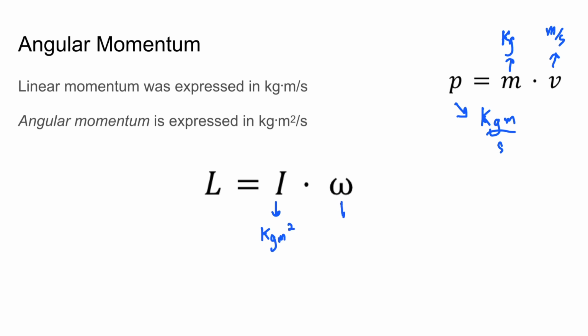And our angular velocity is in radians per second, though radians isn't really a unit. When we multiply those two together, we end up with kilograms meters squared per second, which is our units for angular momentum.